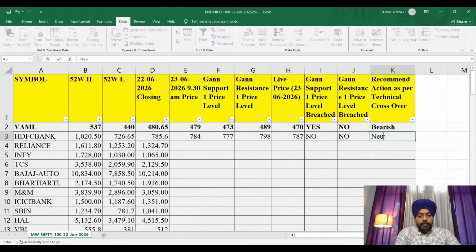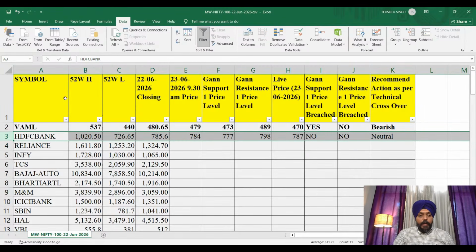My recommended action is neutral. This is based on the algo trading. I am not saying this. We have used the price out of Gann square, and you can also combine it with a lot more indicators, whether it is RSI, moving average, exponential moving average, crossovers, MACD, moving average convergence divergence. There are a lot many more indicators.